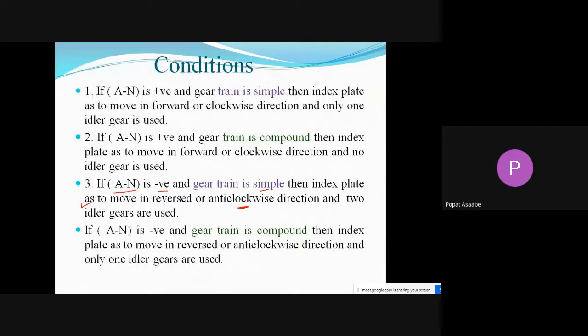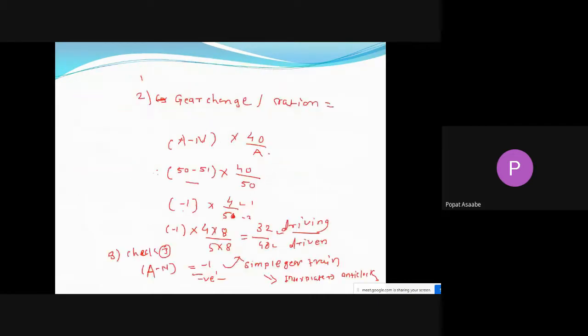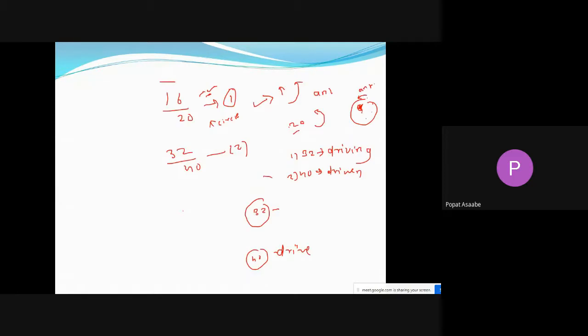Here condition number 3 is applicable, so 2 idle gears are required. Between those 2 gears we are going to add 2 idle gears according to our standard.